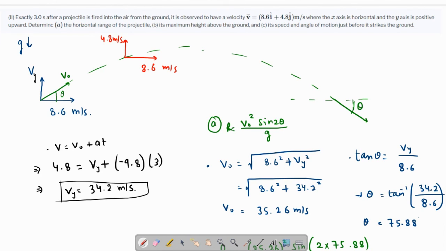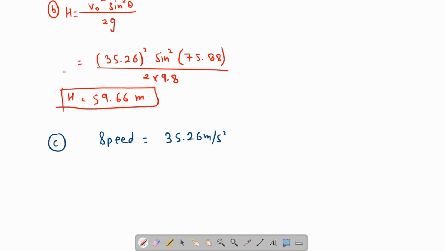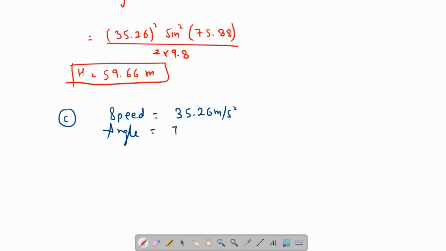So the speed is this, and the angle is the same as 75.88 degrees with respect to the ground.